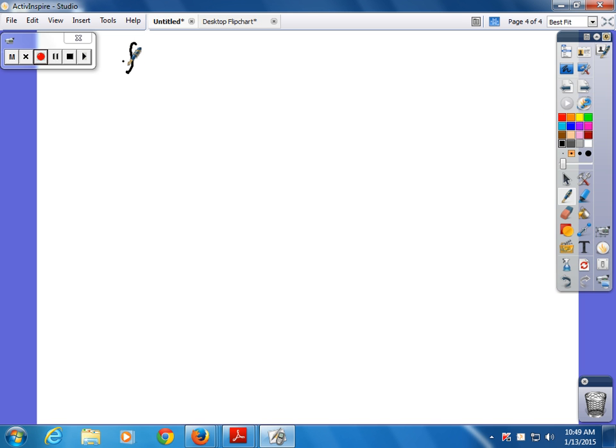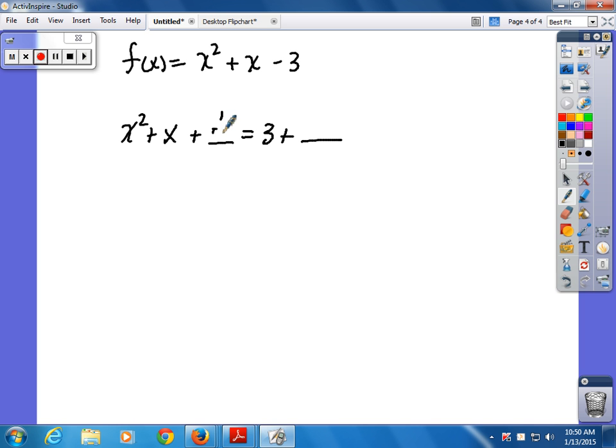f of x is equal to x squared plus x minus 3. Now we know this is a parabola. Review a little bit, complete the square. x squared plus x plus blank is equal to 3 plus blank. Half of 1 is 1/2, 1/2 squared is 1/4.